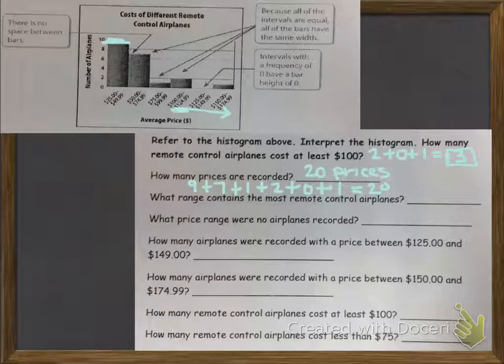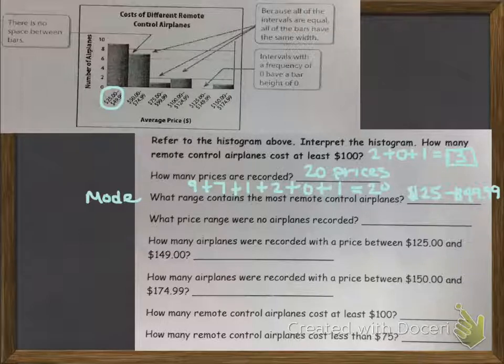Then it's asking what range contains the most remote control airplanes. That would be our mode, talking about the range that contains the most. So that's our highest bar, and that would be this interval range right here of $25 to $49.99.